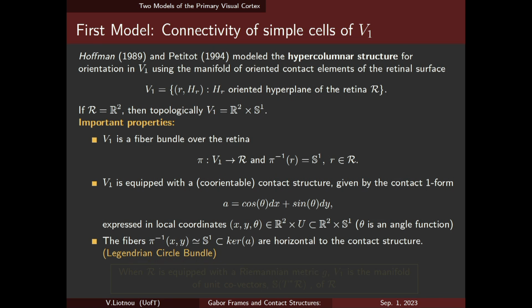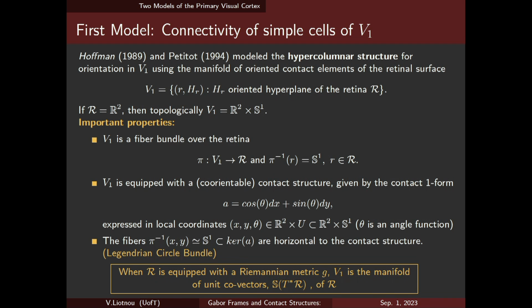It also endows the model of the visual cortex with a contact structure, which is globally given by this contact form alpha, expressed here in local coordinates, but it has a global meaning. Finally, the fibers of this contact fiber bundle are always horizontal to the contact distribution, which is what we call a Legendrian circle bundle. The Legendrian part refers to the fact that they are horizontal with respect to the contact distribution.